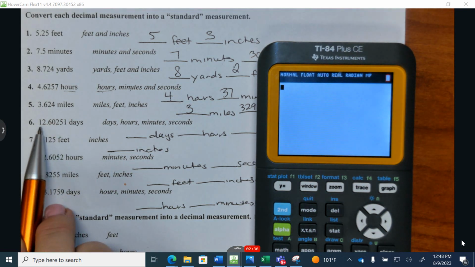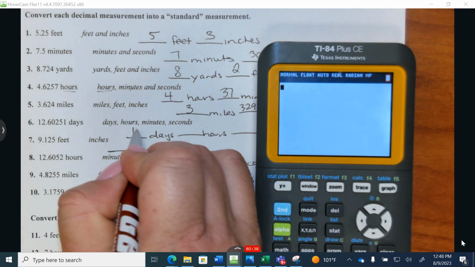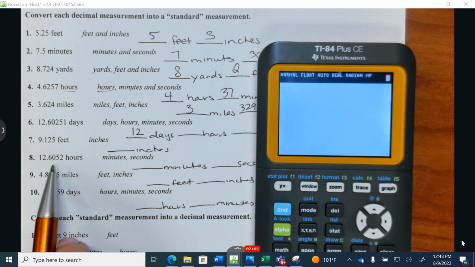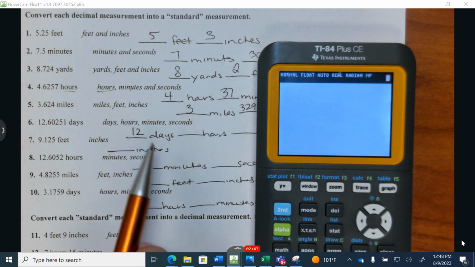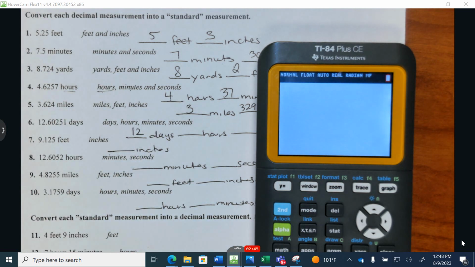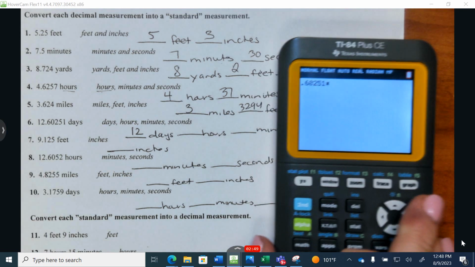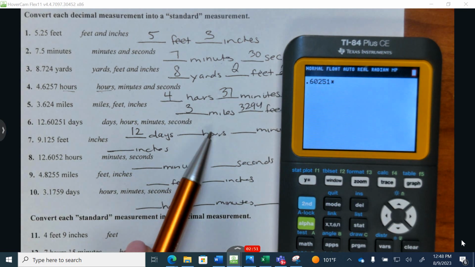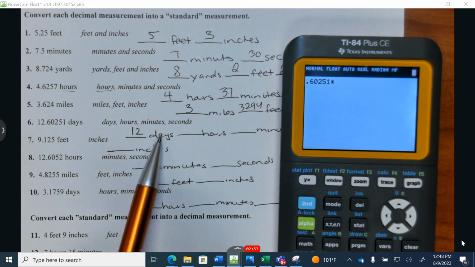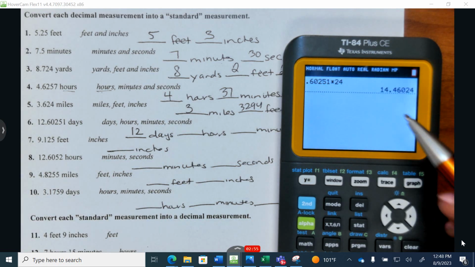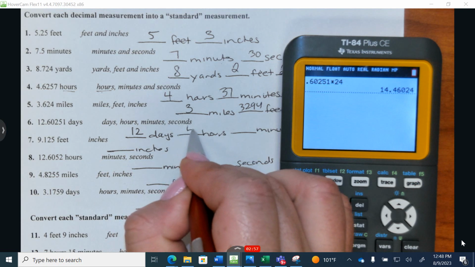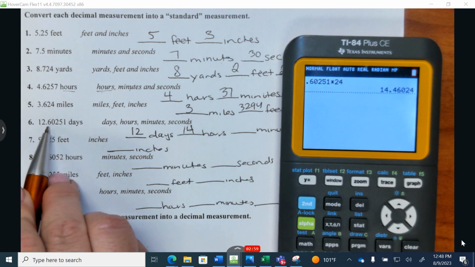Okay, days. There are 12 full days. Again, we are going from decimal to standard measurement. All right, now I'm going to take the remainder, and I want to ask myself, go backwards, how many hours in 1 day? There are 24 hours in 1 day, so there's 14 full hours in this remainder.